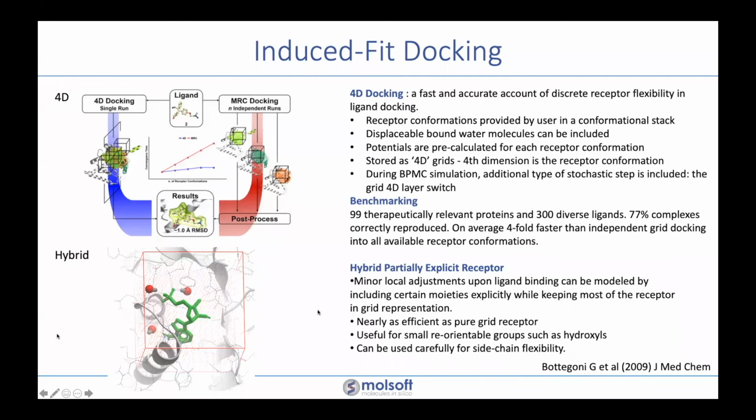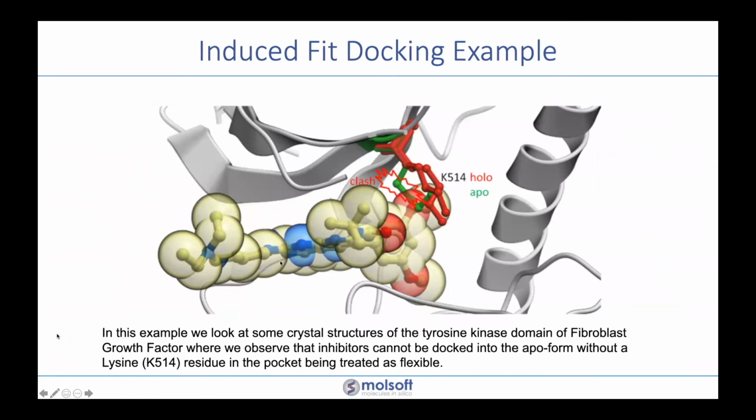So let's just show you those. So I have this example. It's with the fibroblast growth factor, where if you had the APO structure, the green one shown here, this lysine is basically inside the pocket in that crystal structure.